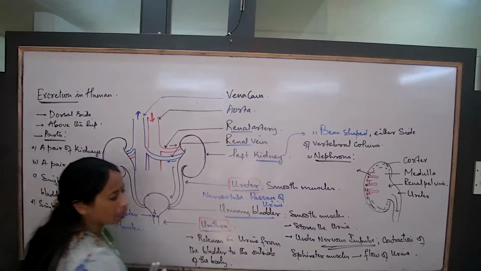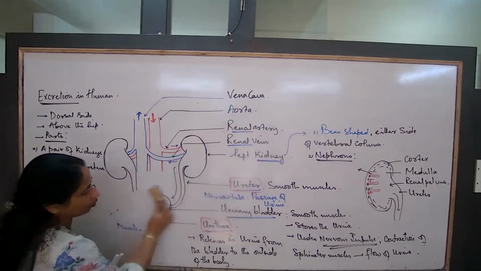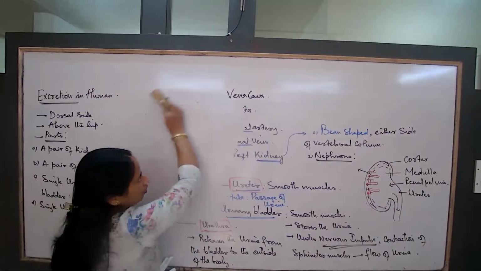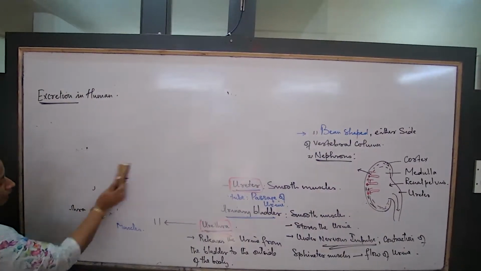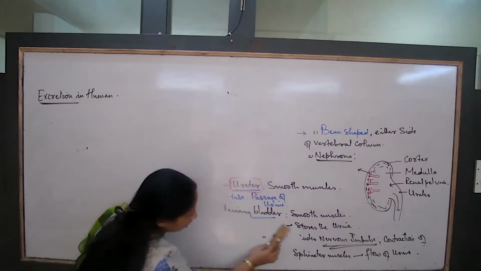takes place here. To understand the parts of the nephron, first of all, get acquainted with the names. What are the parts of the nephron?